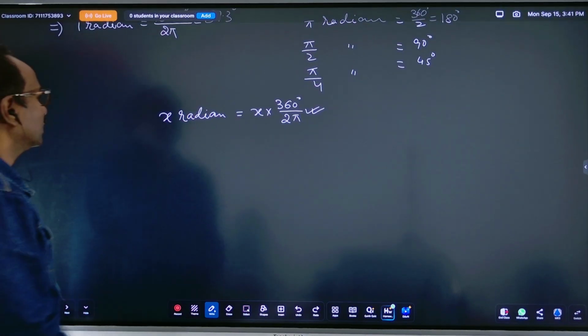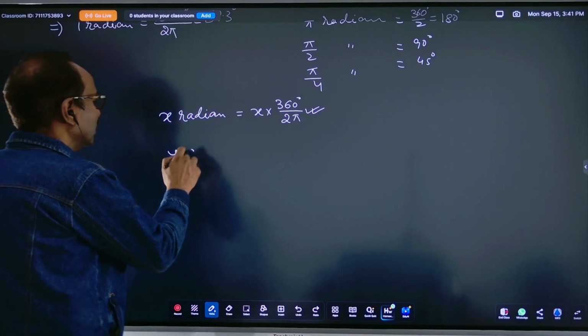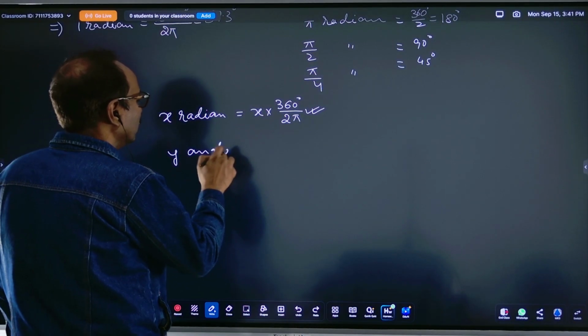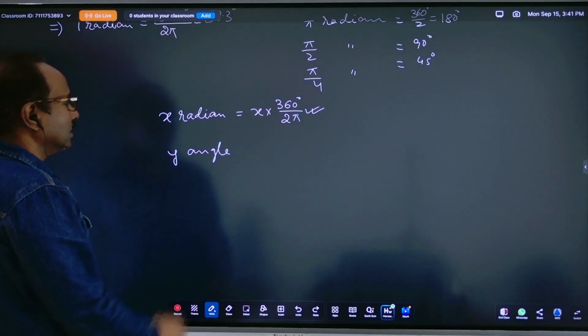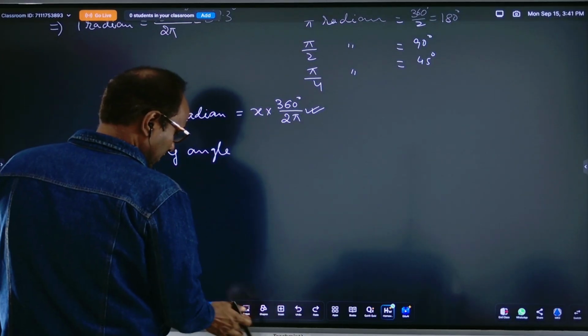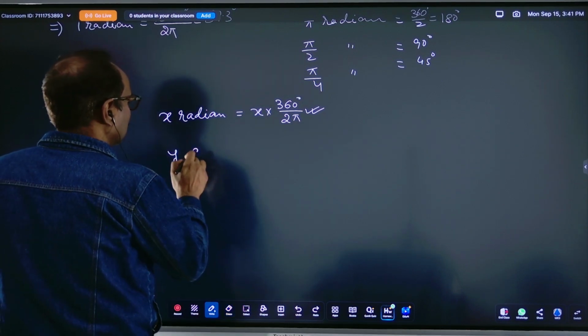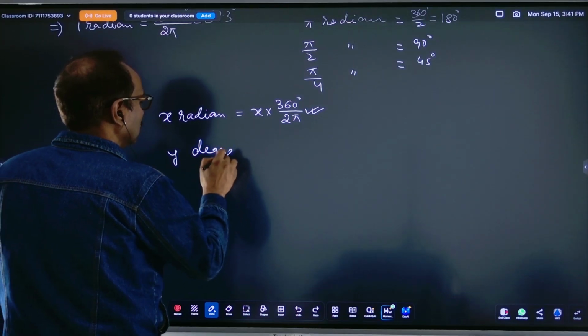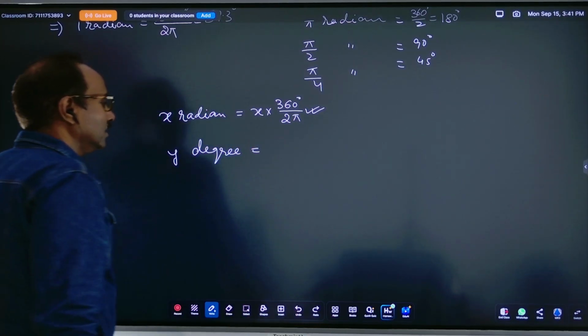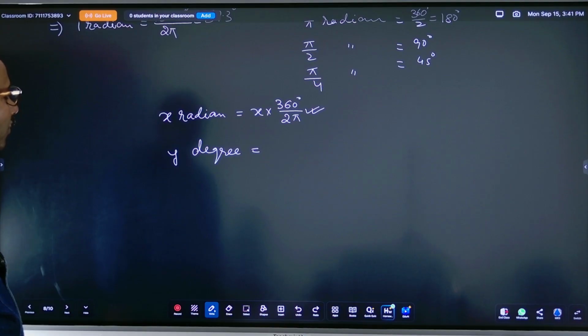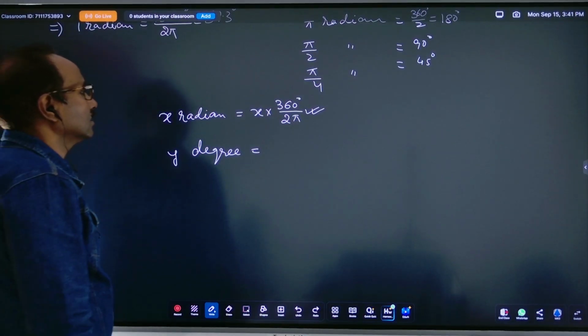If some angle is given, with magnitude y degree, and you have to convert it into radian, what will you do?